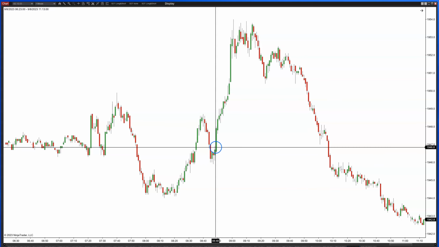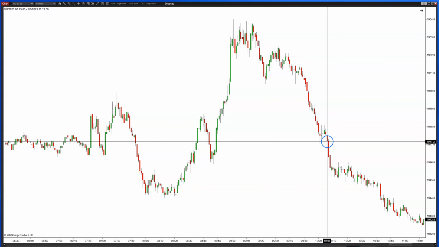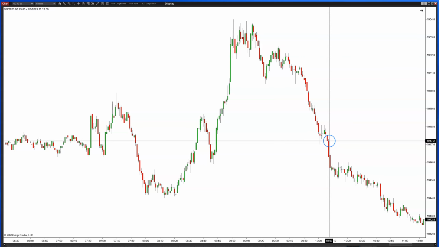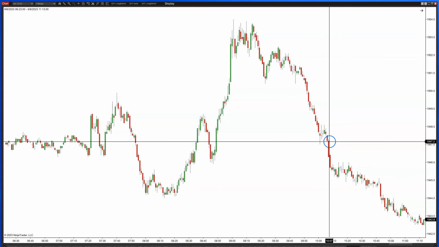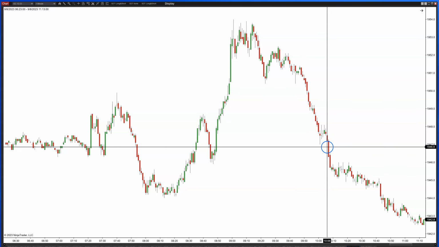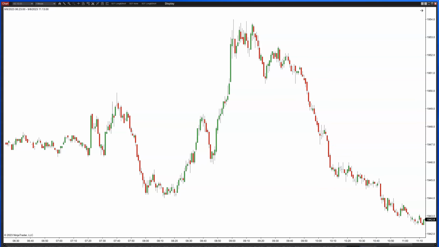This is where it gets interesting, because if we call this a fair value gap right here, 1947.20 to 46.50, when I have a big bar down like this, there are going to be imbalances in there by default. Let's see, what time was this, 10:07.